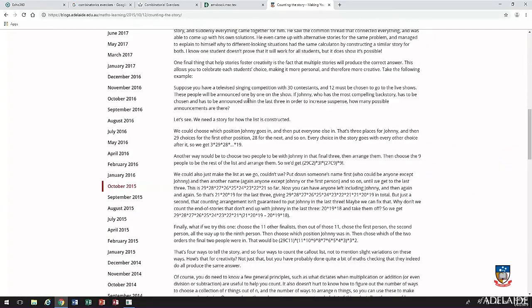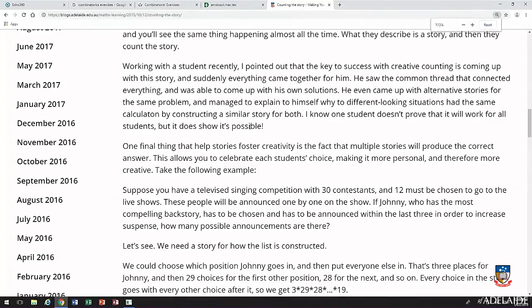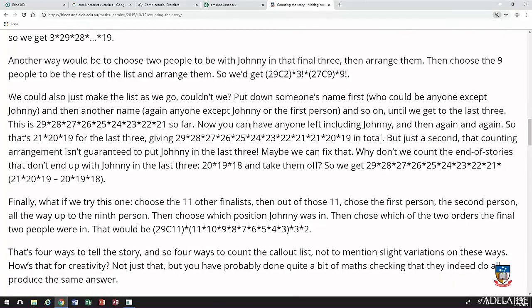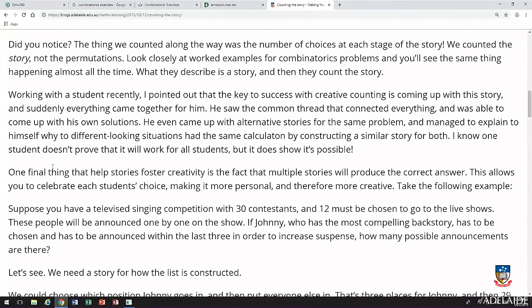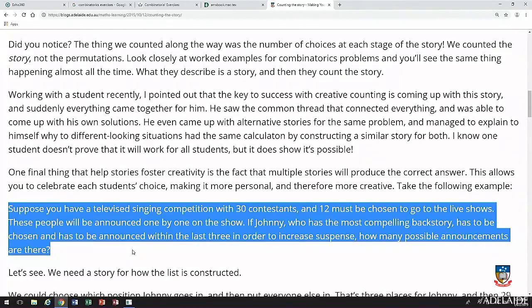All right. Let me do this example, which I know what it needs because I've thought about it before. Okay. Suppose you have a televised singing competition with 30 contestants, and 12 must be chosen to go to the live shows.